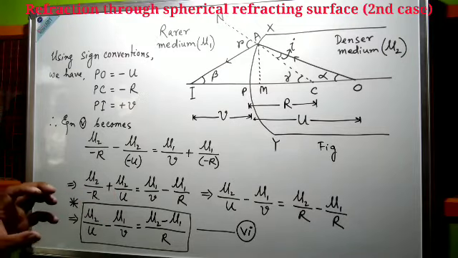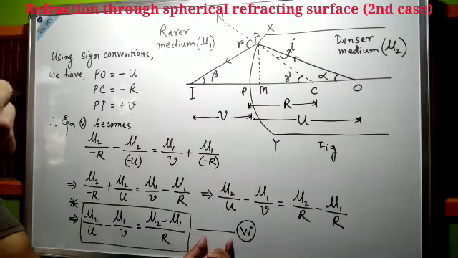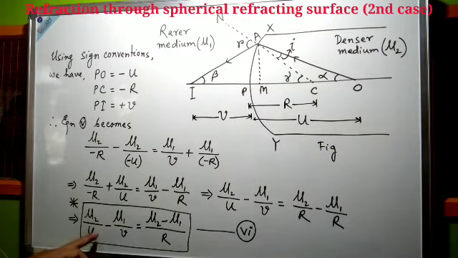And in case of object lying in rarer medium, last time we derived, and the equation should be like this, mu2 by v minus mu1 by u. But in this case, object distance u and image distance v are interchanged. So equation number 6, mu2 by u minus mu1 by v equal to mu2 minus mu1 by R, represents the relation between u, v, R, mu1, mu2 when the object lies in denser medium.